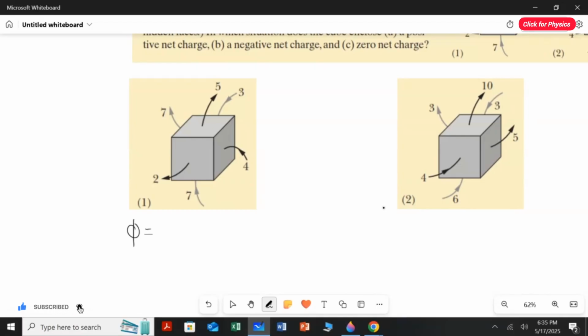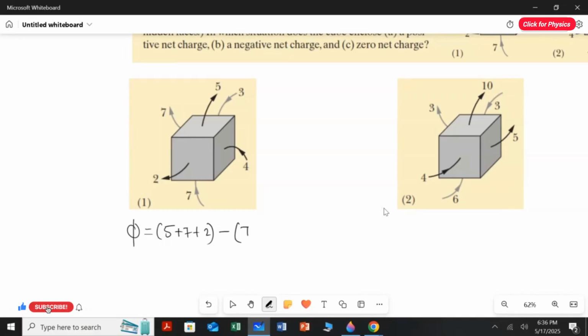So all these 3 arrows are coming outside, which means the flux takes a positive value. So I'm going to add all the positive flux: 5 plus 7 plus 2. Then I have to add the flux going in. Let's see how many arrows are going in. Here 7 is going into the phase, 3 is going into the phase, and 4 is going into the phase. I'm going to add this and subtract it from the initial.